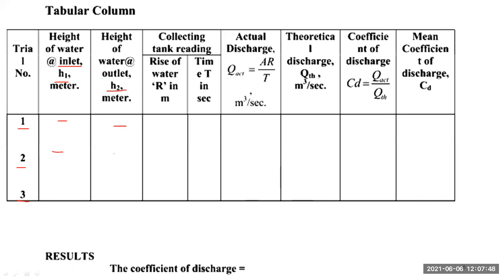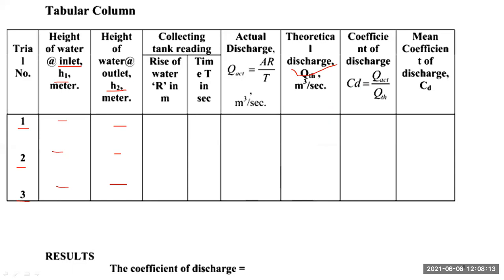You will get H1 and H2 different for each trial. Once you get H1 and H2, you can calculate Q theoretical using the formula: A1 A2 root 2g (H1 minus H2) divided by square root of A1 square minus A2 square.